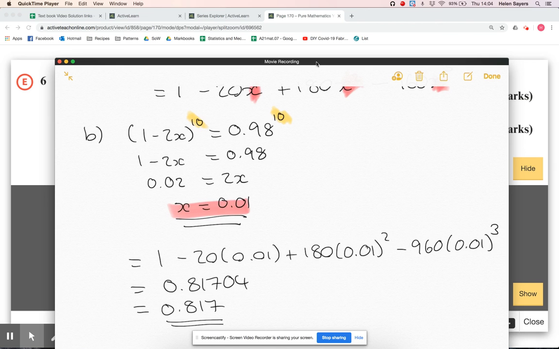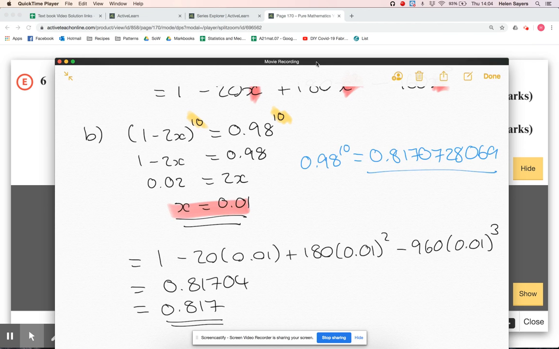And then what you can do, obviously, is check what 0.98 to the power of 10 should be. We're not necessarily expecting that answer. Let me just write it in a different color. When I get the actual value from my calculator, it does actually give me the same answer to 3 significant figures. But obviously they're not exactly the same answer, and I wouldn't expect that.